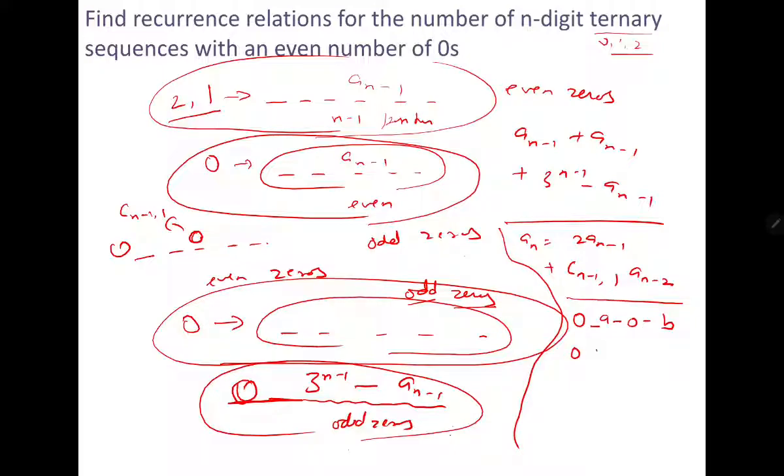In the other case you choose 0 at the second position. In both cases, if I take A equal to B equal to 0, then both are giving me the same solution. It means there is a repetition of the solutions. I am not missing any solution, that you can verify, but the solutions get repeated, and that's why this recurrence relation is not correct.